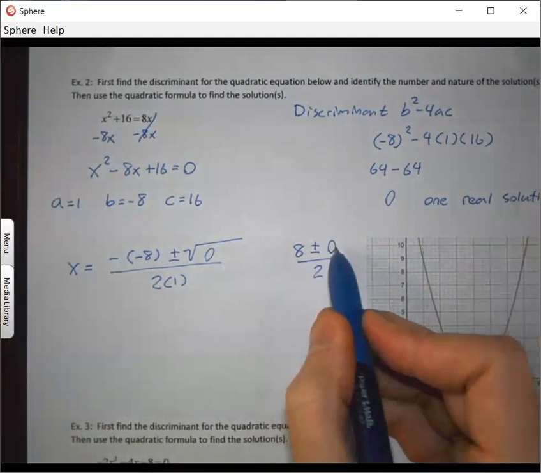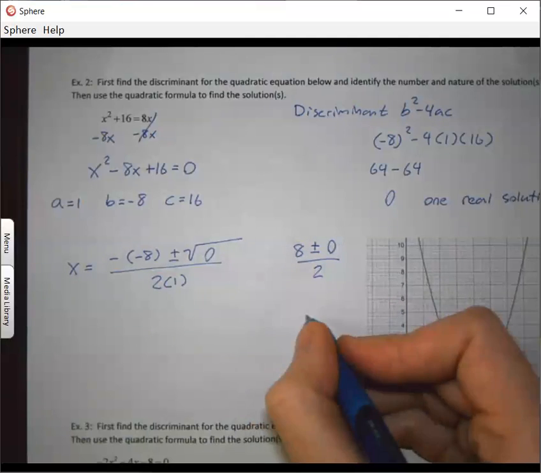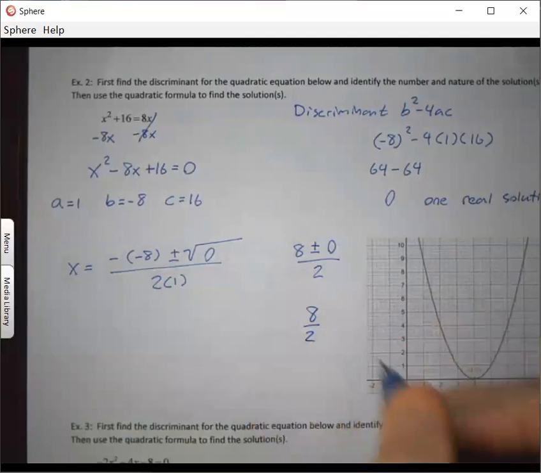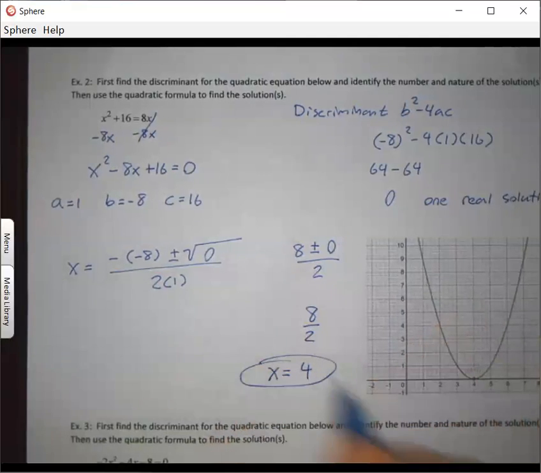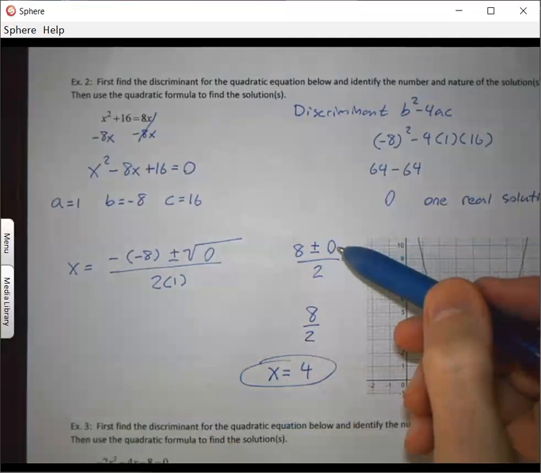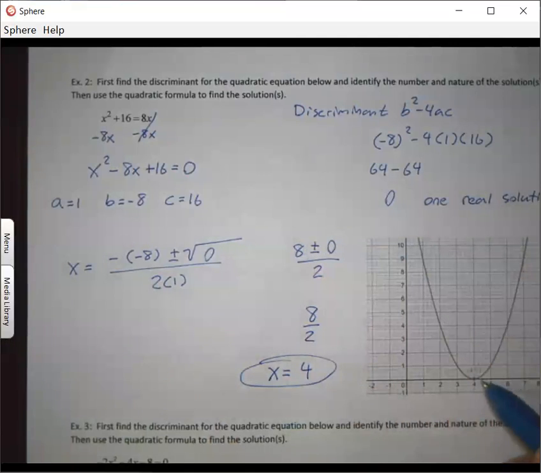Well, 8 plus 0 is 8, and 8 minus 0 is 8. So this is the same as 8 over 2, or 4. So we can see when the discriminant is 0, it gives us the same solution twice, which is the same as having one solution.